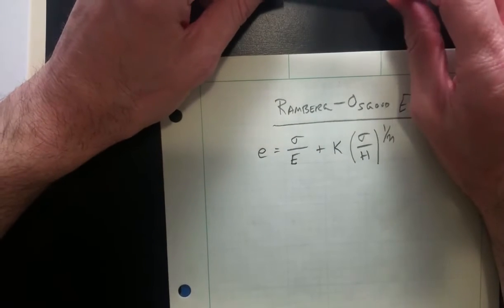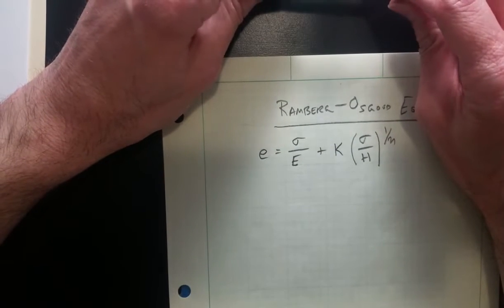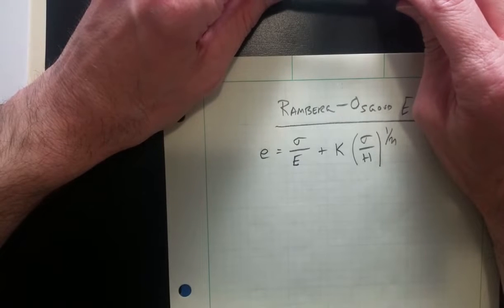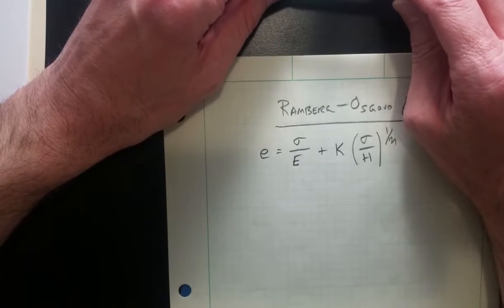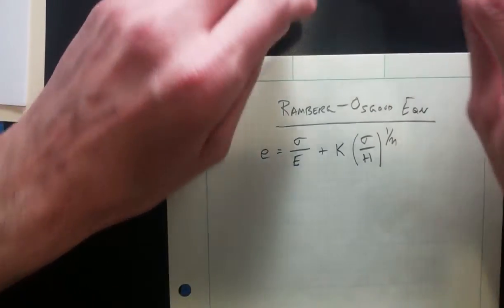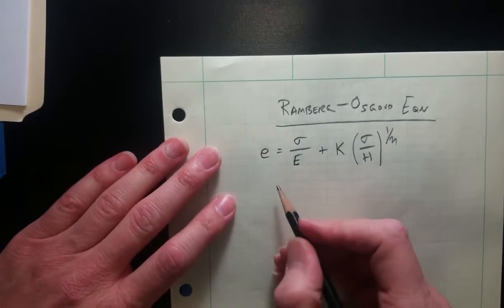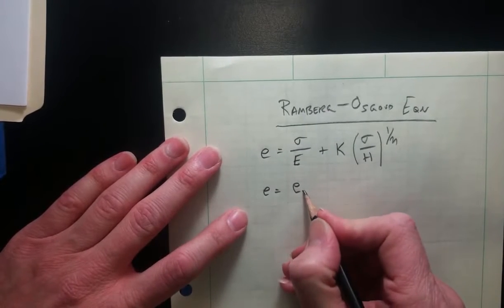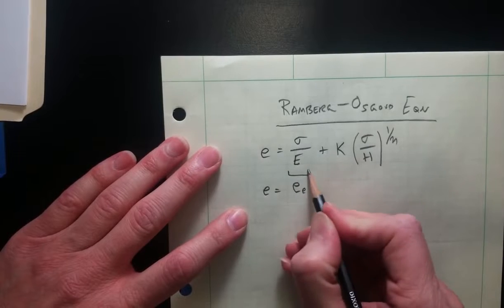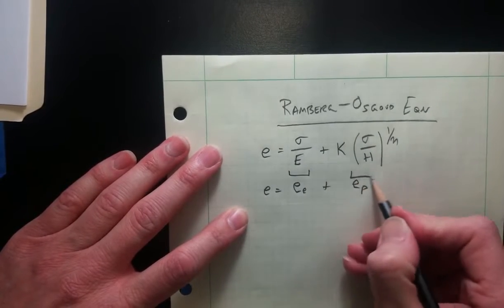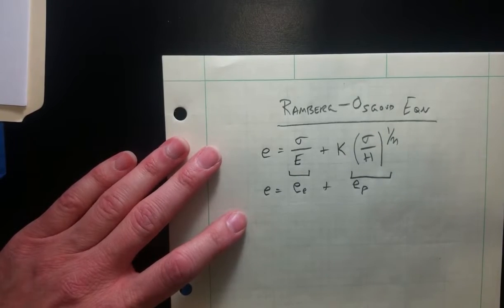It's not a perfect expression, certainly, but in many cases it does accurately represent the elastic and plastic portions of the stress-strain curve. And where it comes from is saying that ε is equal to an elastic portion and a plastic portion.